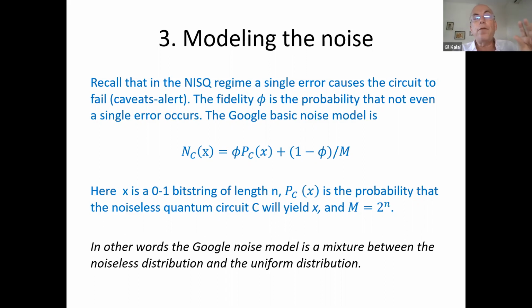And then the effect of every noise is to replace this distribution with a uniform distribution on all the 0, 1 bit strings of length n. And this is the model. In other words, the model is a mixture between the noiseless distribution and the uniform distribution. And as we shall see, identifying this number phi, this fidelity, is very crucial in this study.